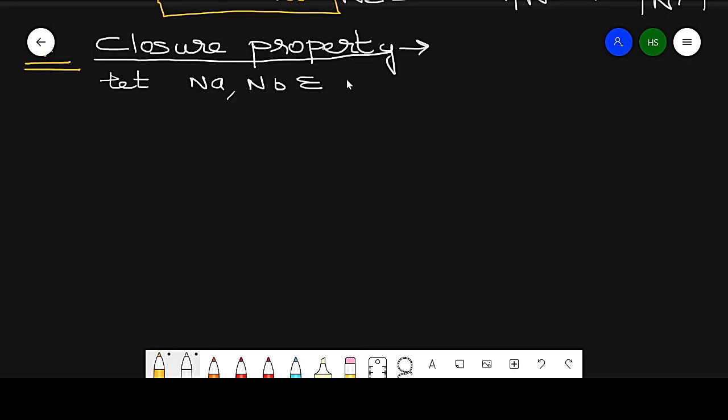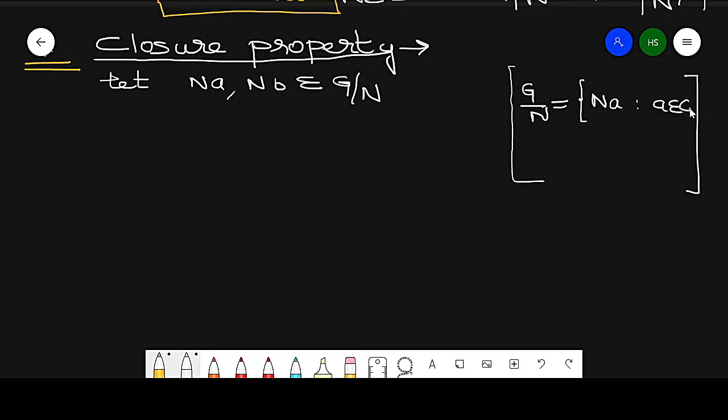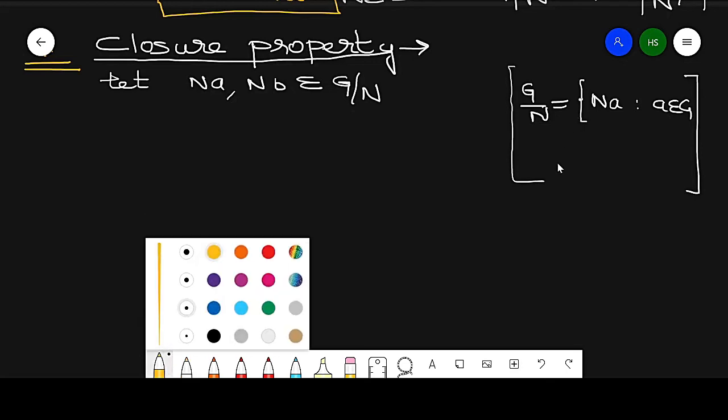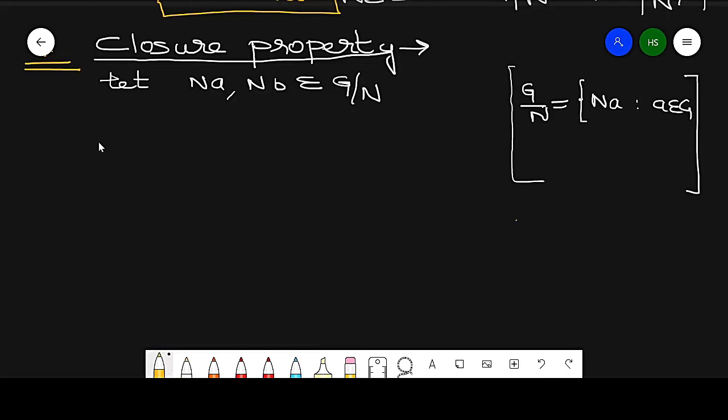So these elements belong to G by N. Then their product, because here the binary composition is multiplication, also belongs to G by N. So just remember the elements of G by N: they are N into a type, where a belongs to G. So its members are right cosets. So any right coset will belong to G by N.